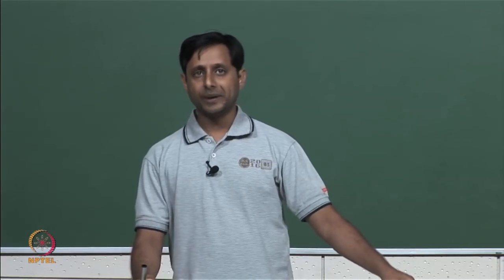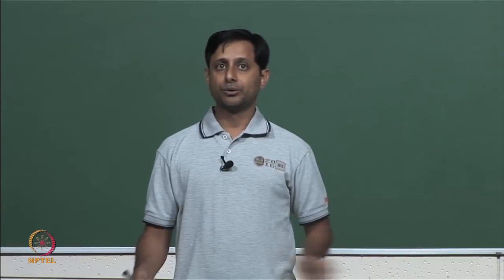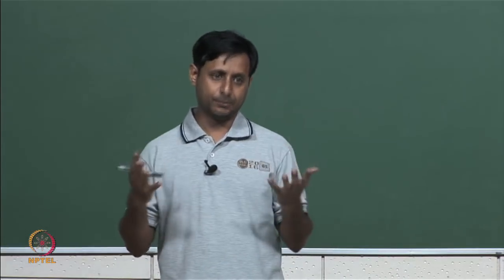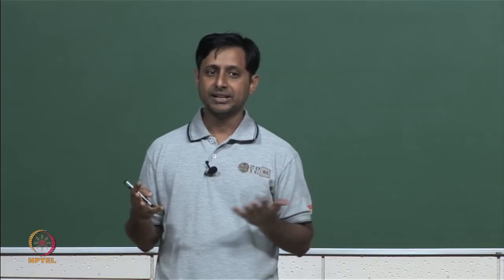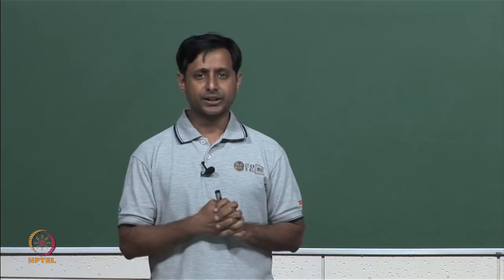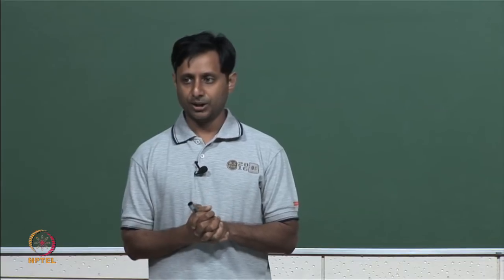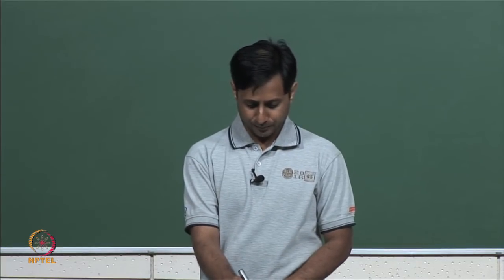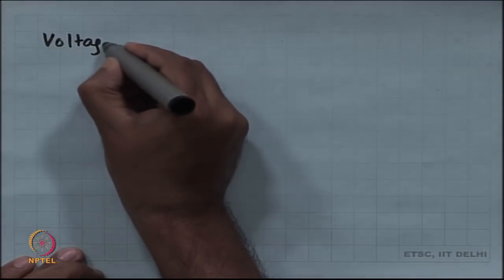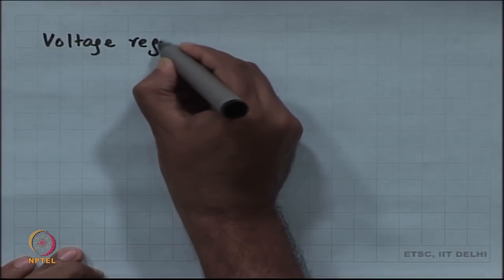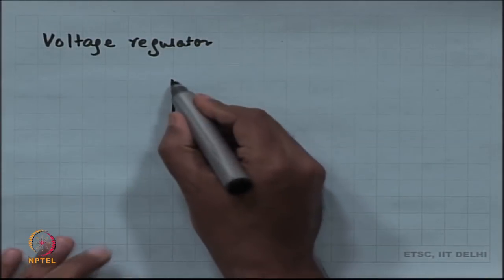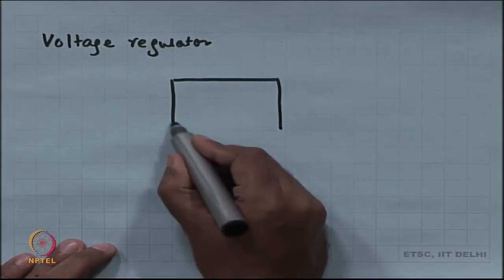So, this is where we are going to make a voltage regulator. All that I have discussed so far is to motivate the requirement of a circuit called a voltage regulator. What does a voltage regulator do? Nothing much, it is a 3 terminal circuit.